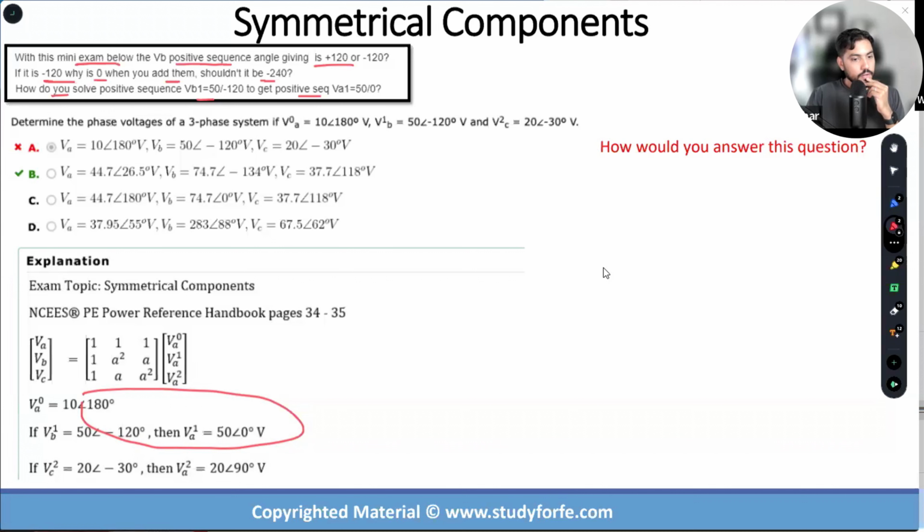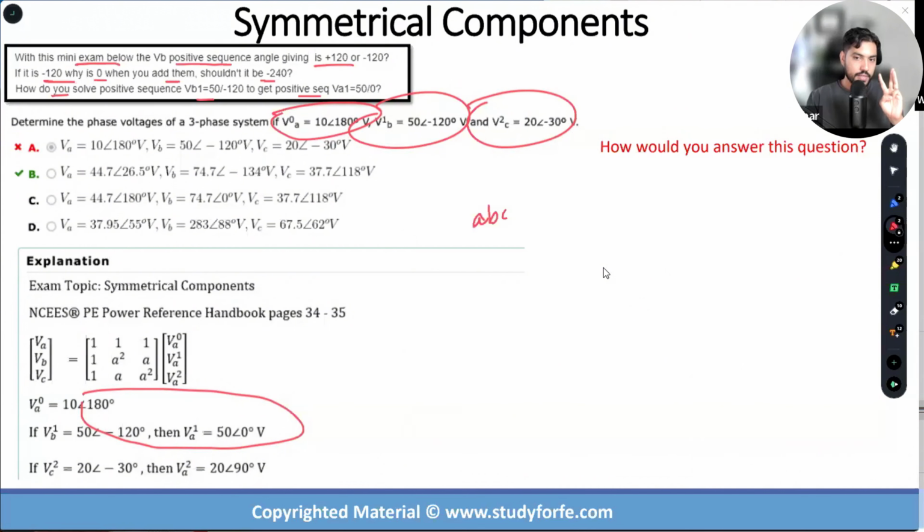The reason is that it's not a balanced system. A balanced system will never have positive, negative, and zero sequence components, all three. If it is an ABC sequence, which of these three components will a balanced system have?